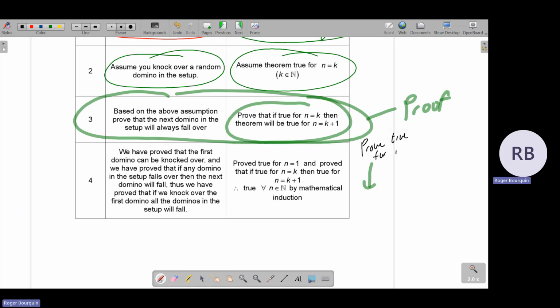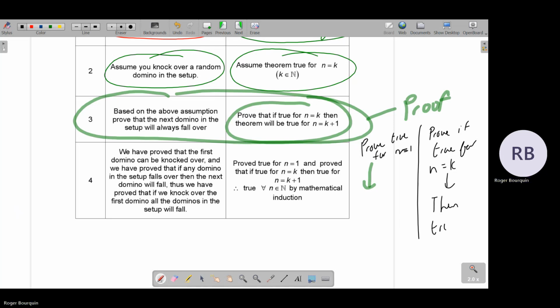Then separately, we prove that if we assume that it's true for some random number, then the next domino will always fall. In other words, we prove it's true, then true for n is equal to k plus 1.